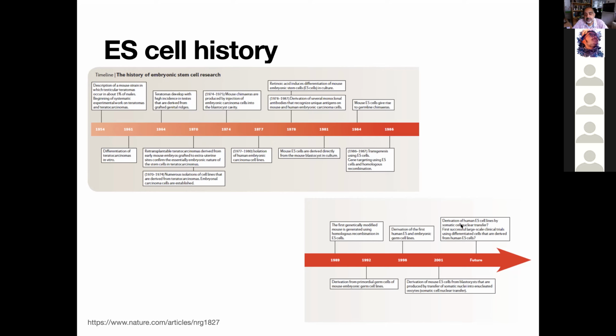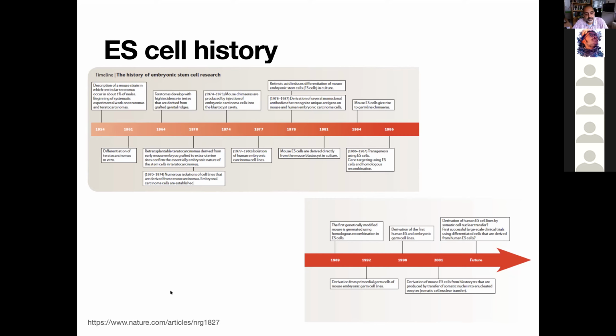And of course, these are now being used to try and repair injuries or replace particular organs using what's now called cell therapy. Okay, so this is the history.